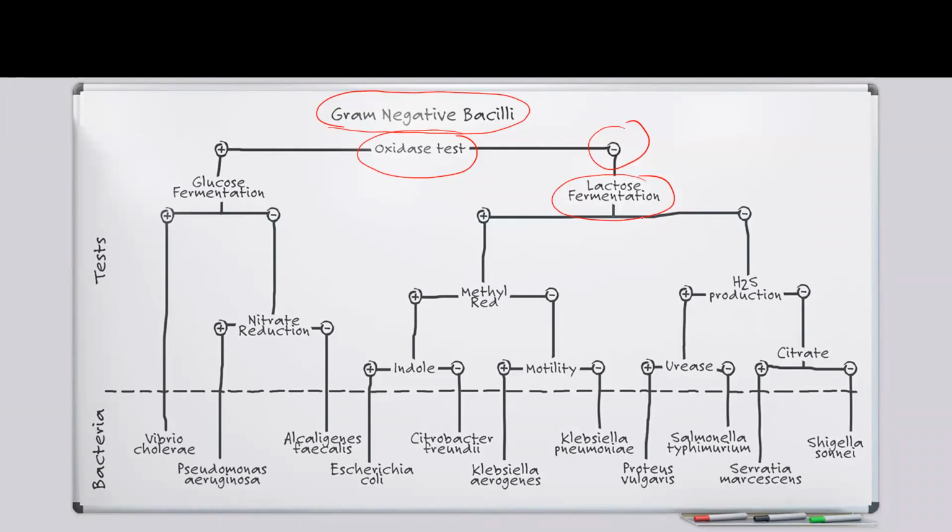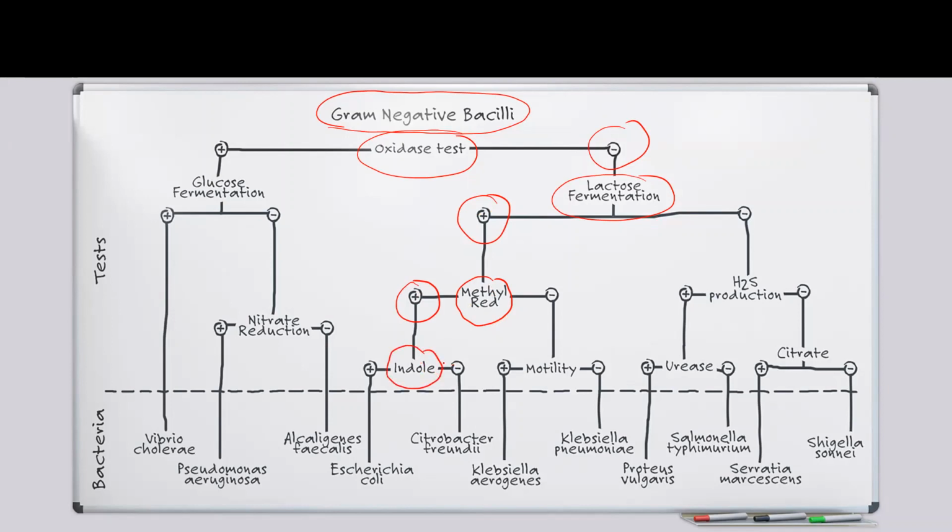Let's say in the lactose fermentation test, you get positive result. Then what you have to do is the methyl red test. That's the next test after the lactose fermentation test. In the methyl red, let's say you get positive result, then what you have to do is the SIM test. One of them is an indole test.